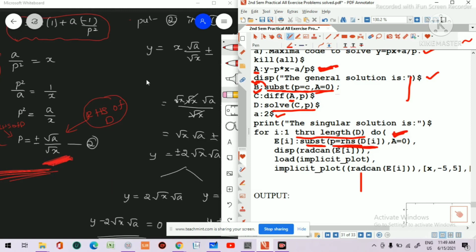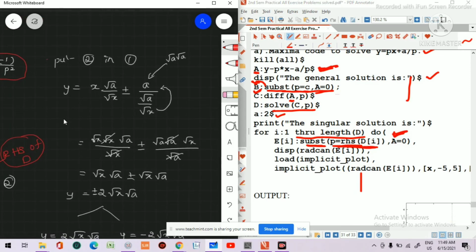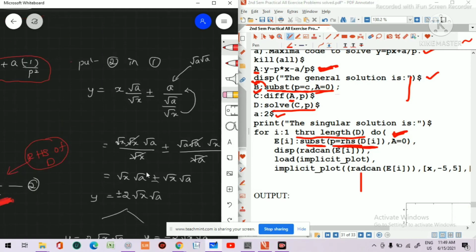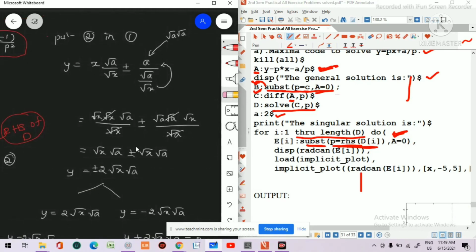That is what we say in the theory part, no? Put 2 in 1. Is it understood? Yes, sir. Put 2 in 1 we are saying here. P is equal to RHS of d of I, comma, where in a, that is equal to 0. Okay, after substituting, this you name it as e of I, we are saying. After substituting, e of I. What is that I there?